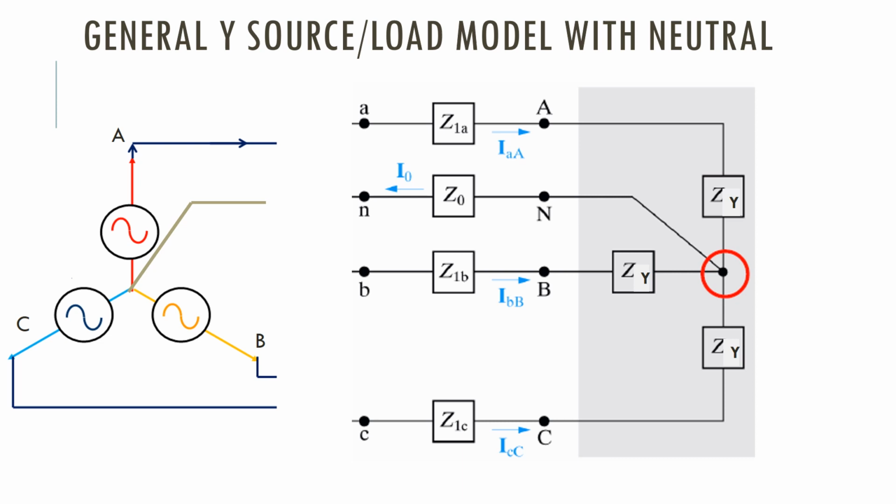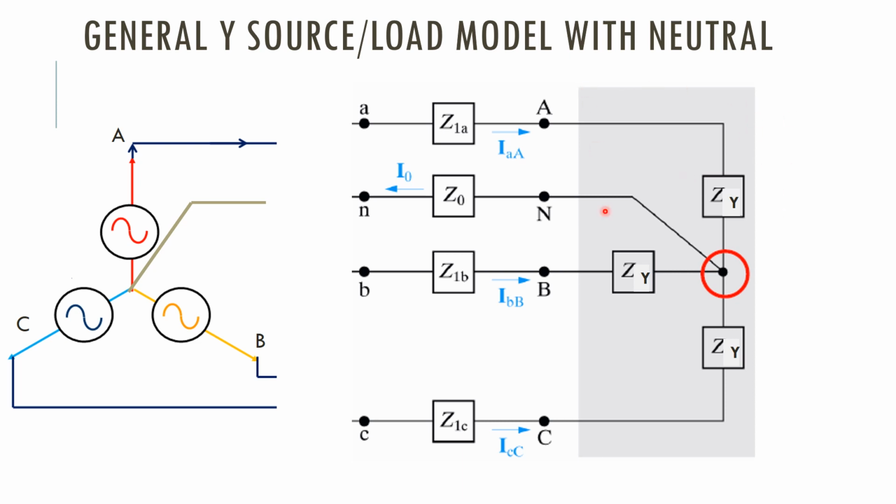So first we will discuss the general star, that means the Y source or load model with the neutral connection, right? The source can be represented just like this, three legs, three arms, with the voltage sources in this way, and there could be a neutral terminal. And then sometimes the load could be represented in this way.